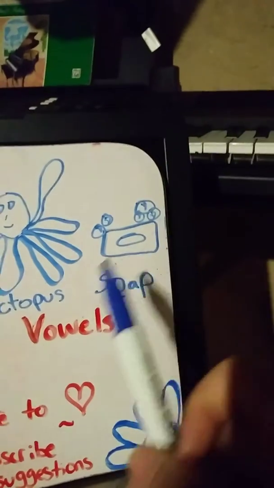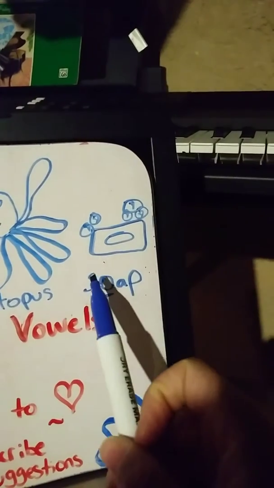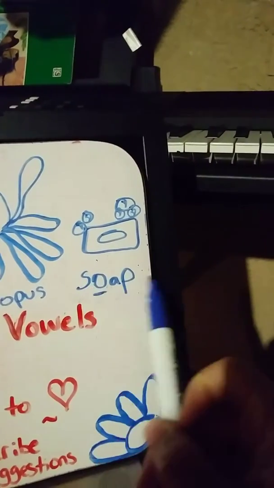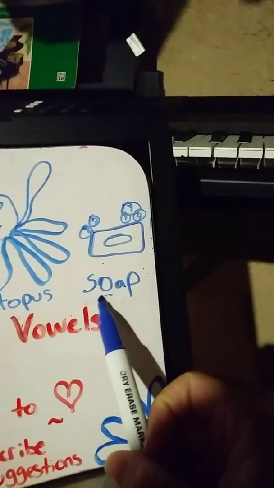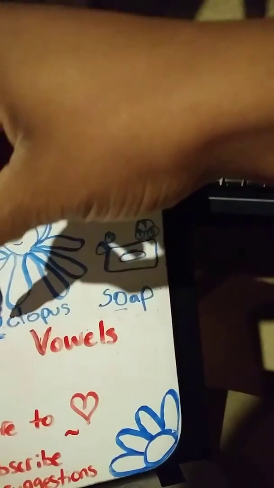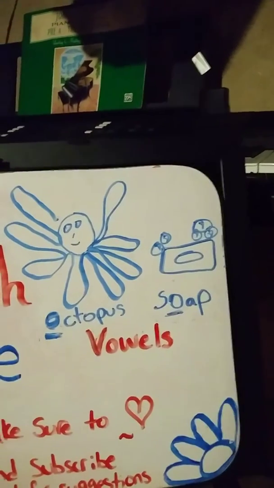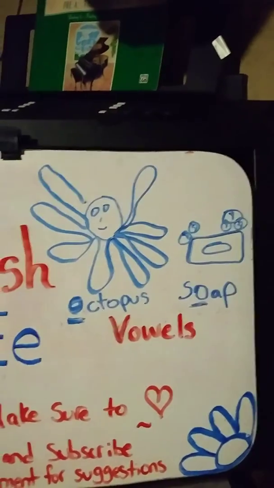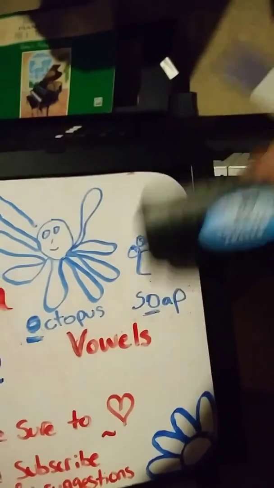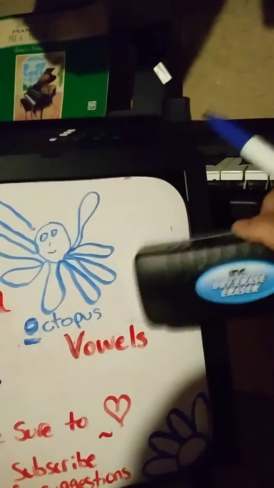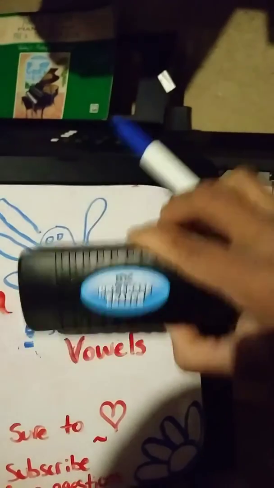Soap. Can you hear the O, the long O? Short O, long O. And once again, same letter, different enunciation of sound by the word. Short O, ah. Long O, O.